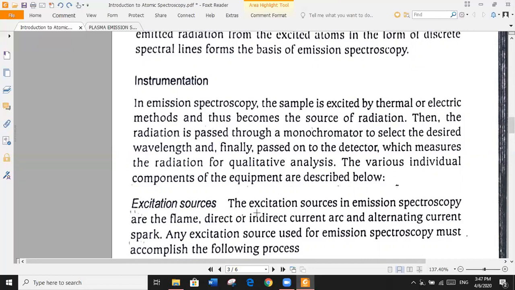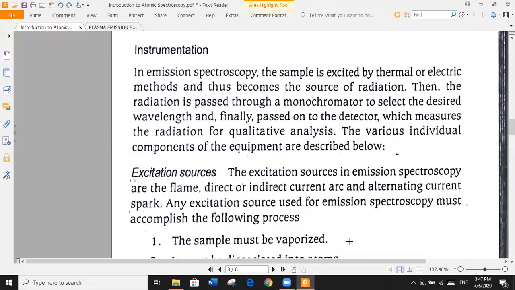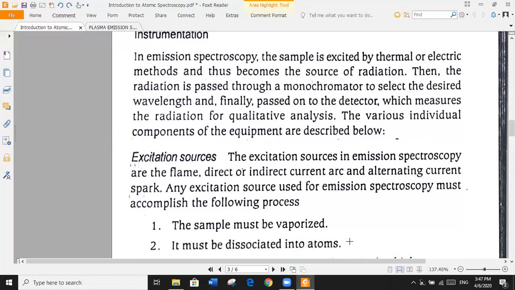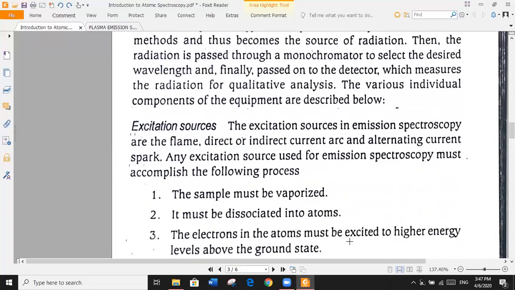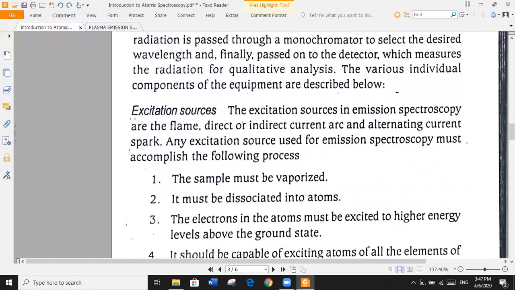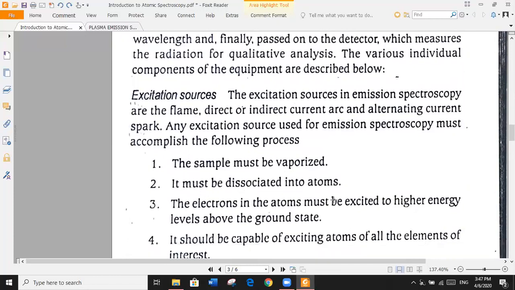Excitation sources. Excitation sources in emission spectroscopy are flame, direct or indirect current arc, and alternating current spark. Any excitation source used for emission spectroscopy must accomplish the following processes. The sample must be vaporized. It must be dissociated into atoms.